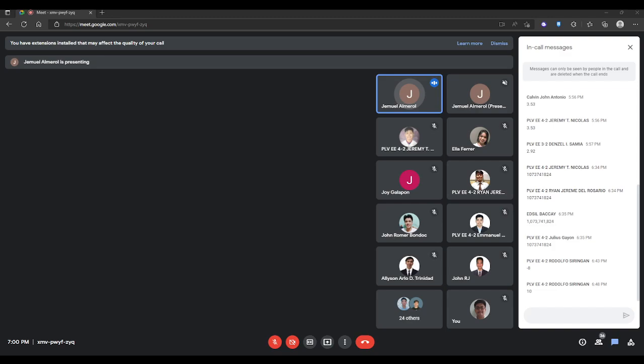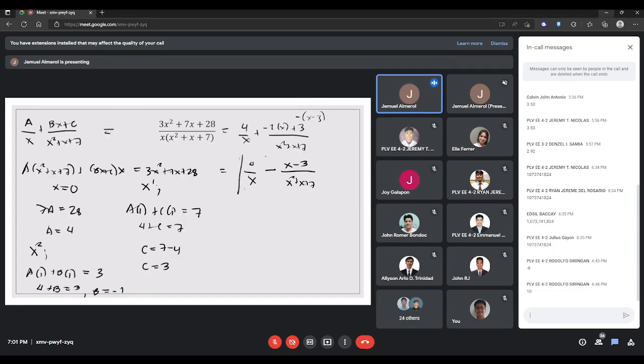All over X squared plus X plus 7. So, ano nangyari? Nilabas natin yung negative, no? Pinactoral natin negative X minus 3. Tapos, in-inherit nung sign na mag-separate sa 4 over X tsaka yung other function. And hence, this is our final answer.